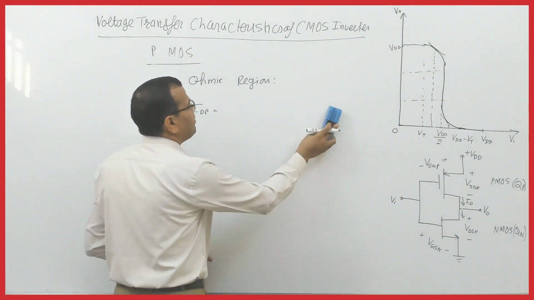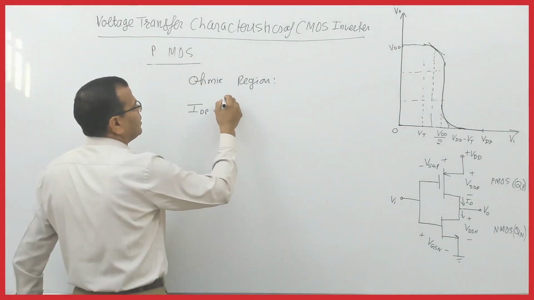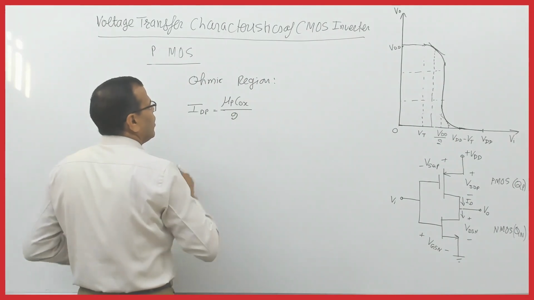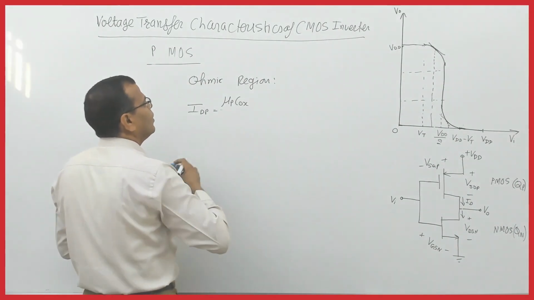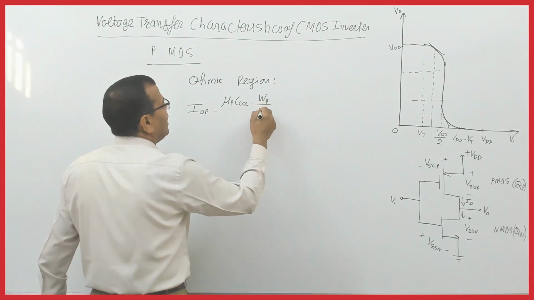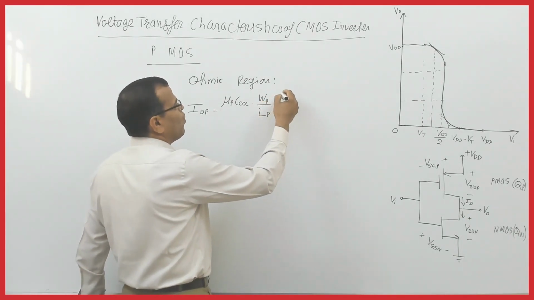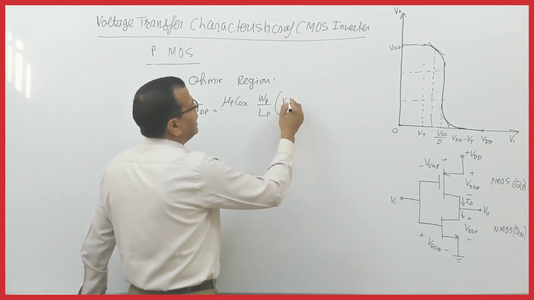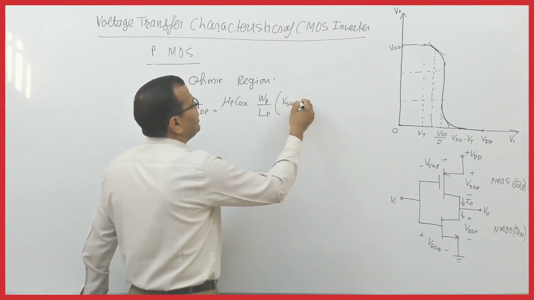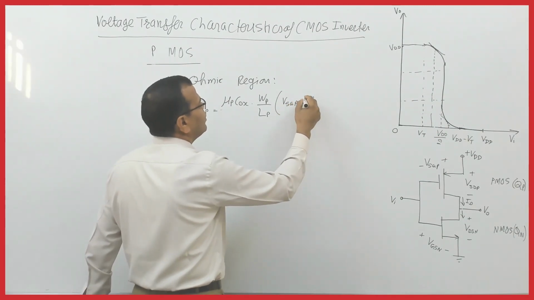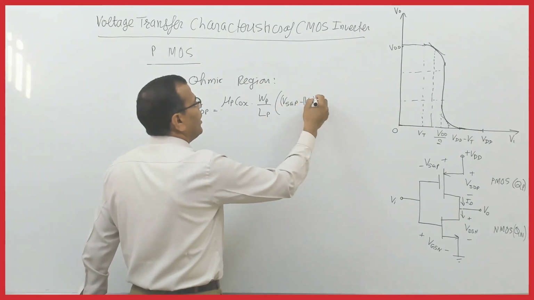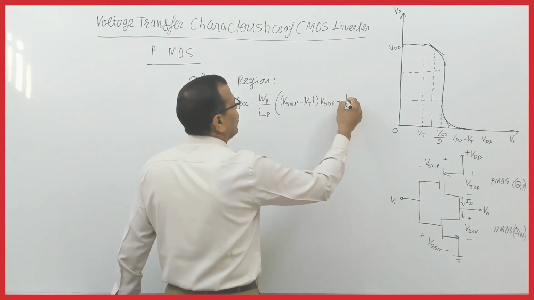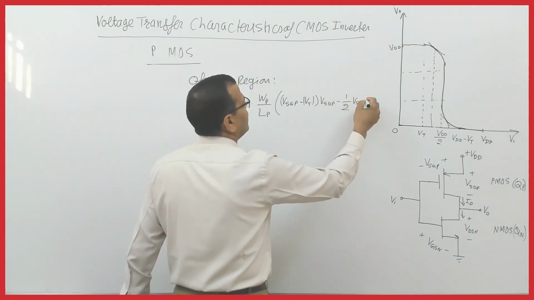That is IDP is nothing but mu P C naught X by 2 into WP by LP into (VSGP minus mod of threshold voltage) into (VSDP minus 1 by 2 VSDP whole square).